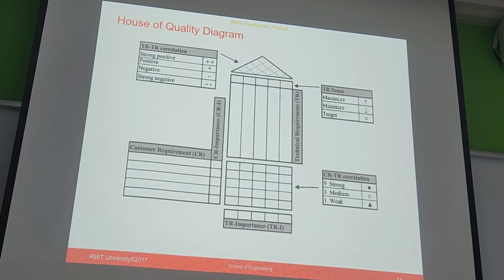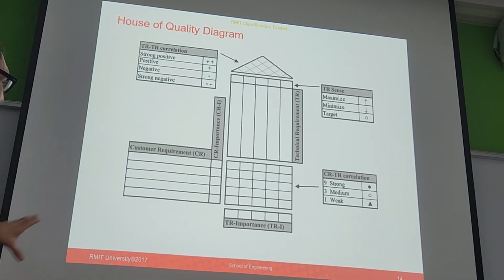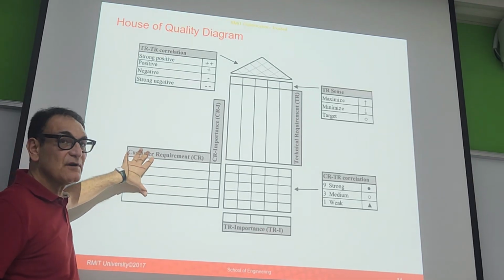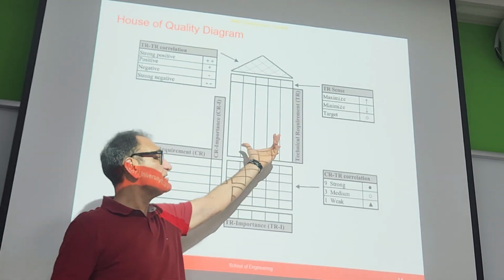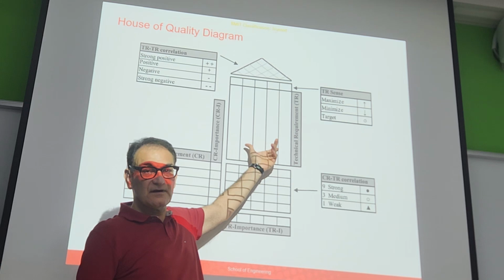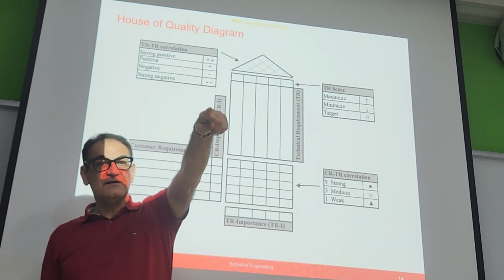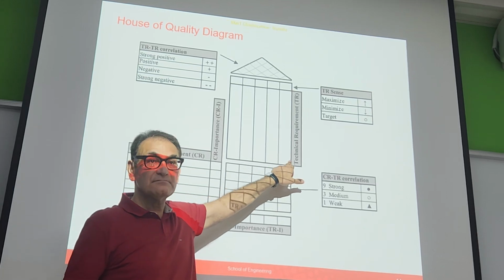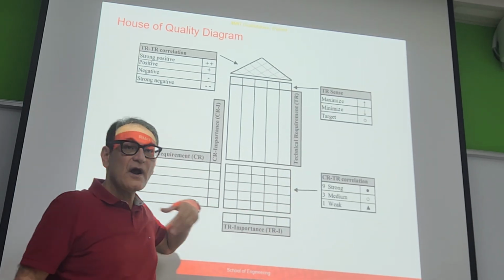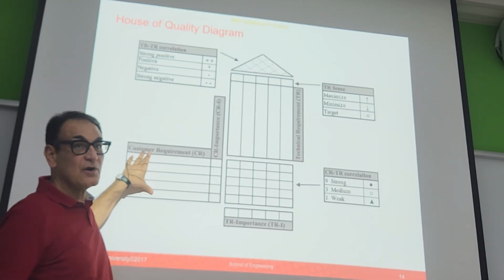If you look at this, we have a customer requirement, we have technical requirements. Is that correct? Who are you? Technical. You have to fill this. Who am I? Cost.